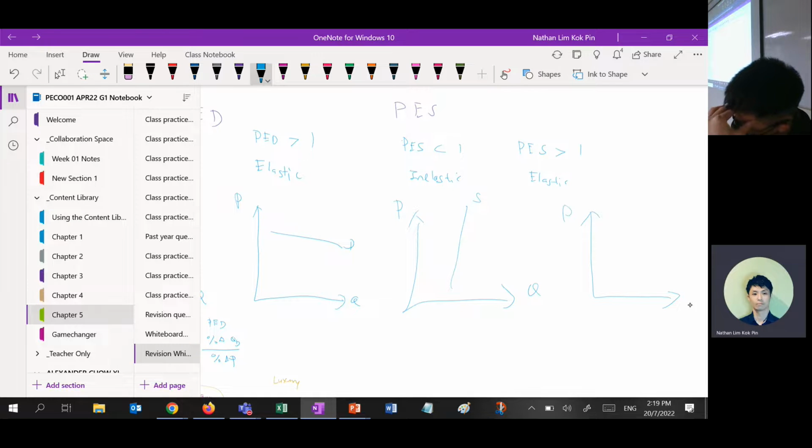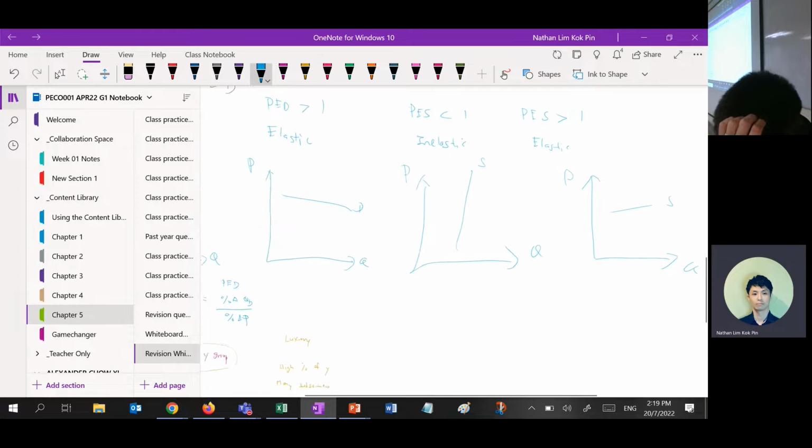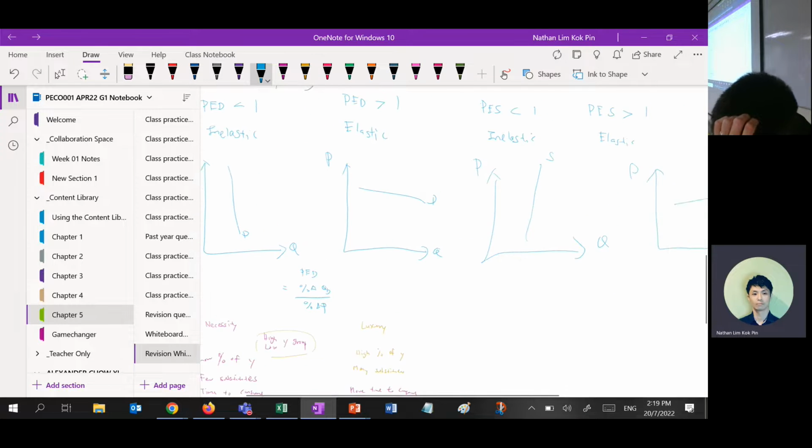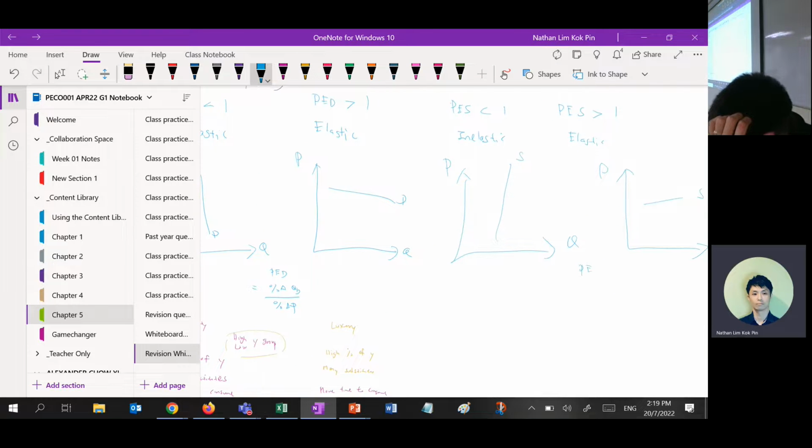Supply elastic is like that. I make it more elastic for you in case you get confused, like that. All right. The formula is similar. PES is equal to percentage change in quantity supplied over percentage change in price.